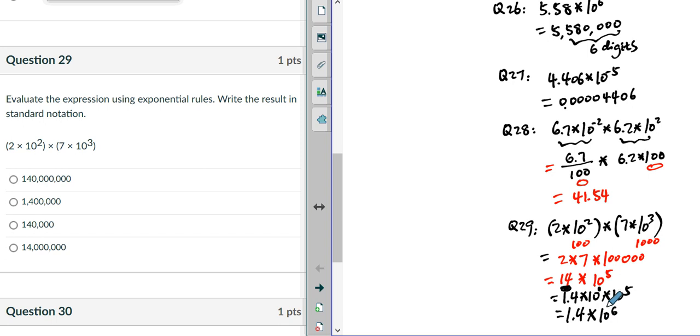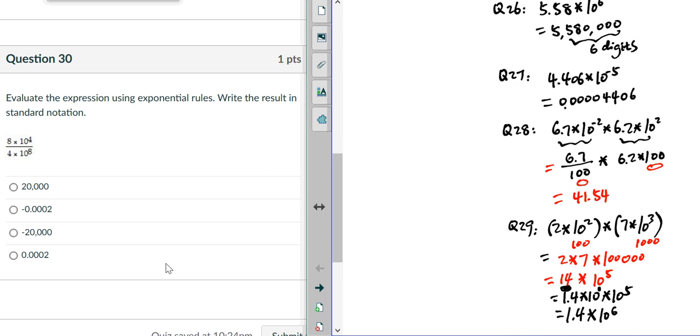Okay? So it's also like 10 times 100,000. You actually get 1 million. 10 to the sixth, 6 zeros behind 1 is 1 million. So that will be 1.4 times 1 million, or 10 to the sixth.